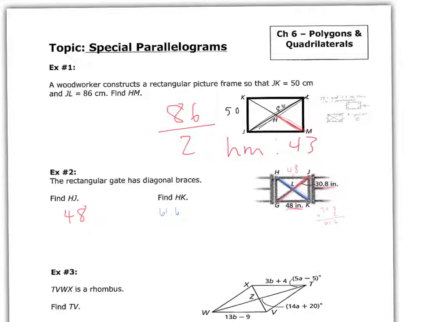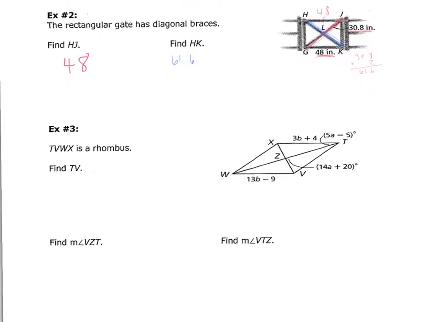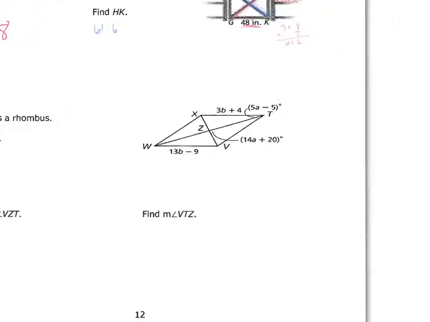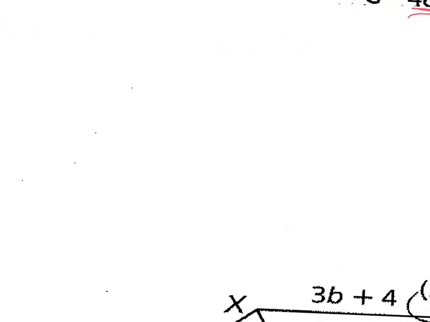Now we're wanting to take a look at rhombuses. So once again, go ahead and carve out some space to write a few theorems down. Okay, the first theorem is that if a parallelogram is a rhombus, then its diagonals are perpendicular. So if you have a rhombus, then you know that the diagonals are perpendicular.